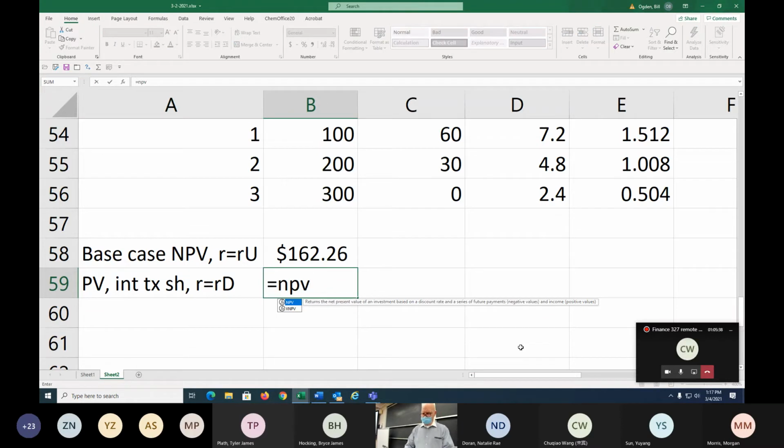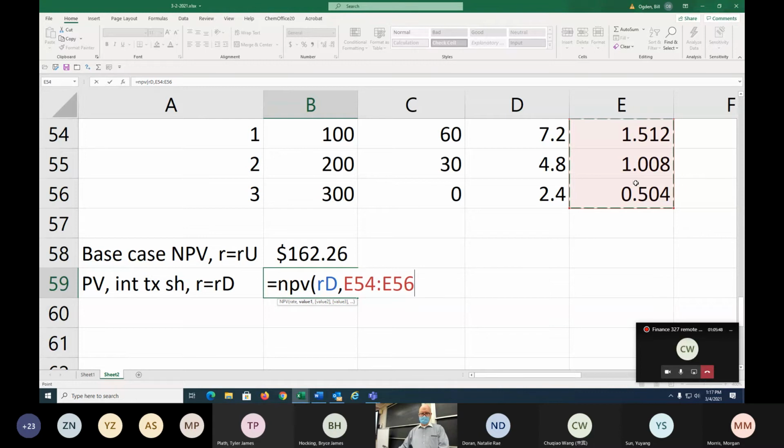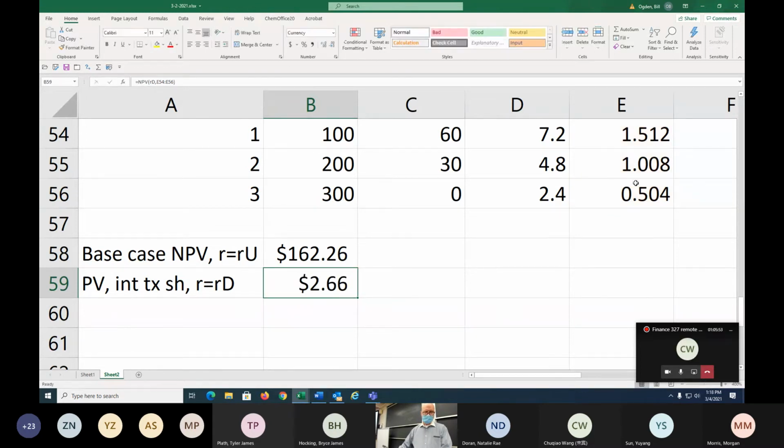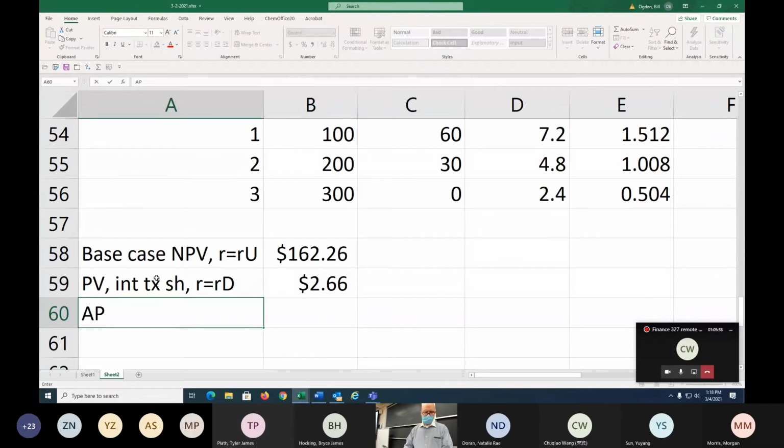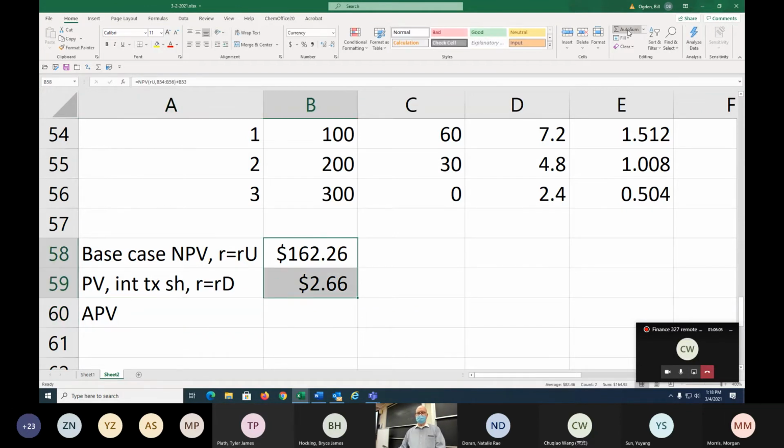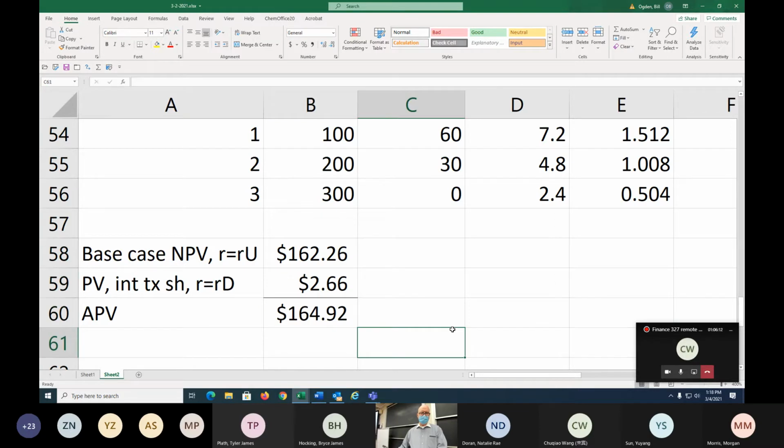Equals NPV, R delta RD, and the tax shields be these three. And that gives me an APV of 16492.